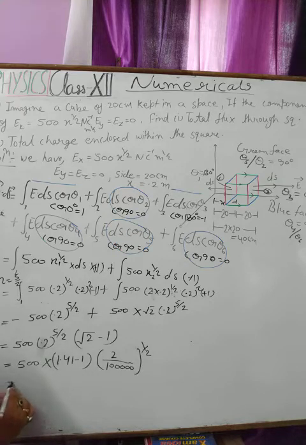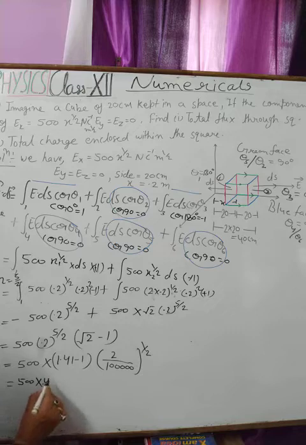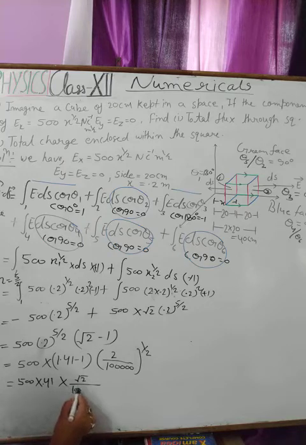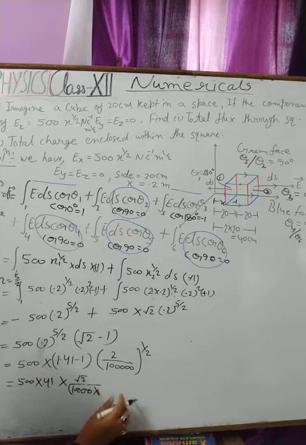Okay, now this result I solve for you, that is 500 into 0.41 into root 2 upon 100 to the power, 10,000 into 10 to the power half.